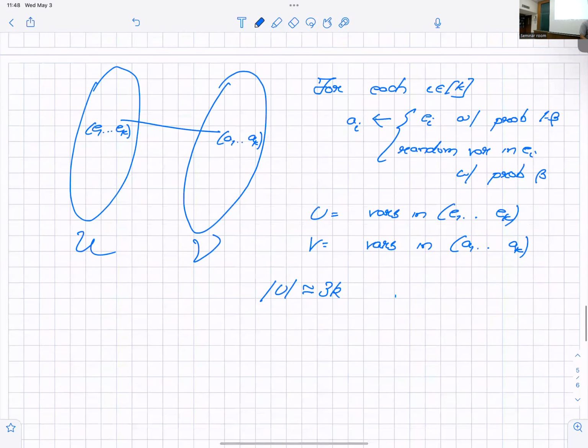And the size of V will be roughly 3K minus 2 beta K. Is that right? 3K because you pick them, K is small, K constant, N and M are large. The other one is 3K. Beta K of them are expected to become a collapsed variable, and for each of them you remove 2.